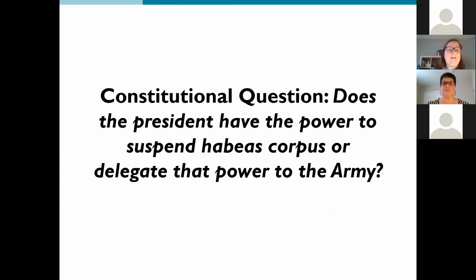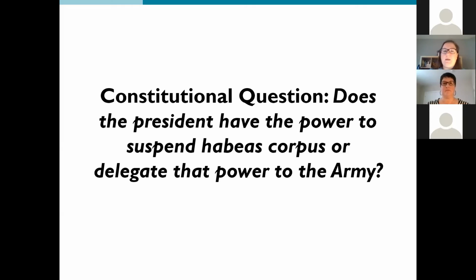They ask students to dig in deeply to the Constitution, to the arguments made using the Constitution, and the context of that case. So the constitutional question for this case is: does the president have the power to suspend habeas corpus or delegate that power to the Army? Next, we're going to look at the arguments made on either side of the case.